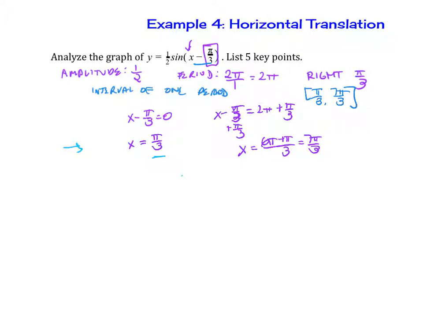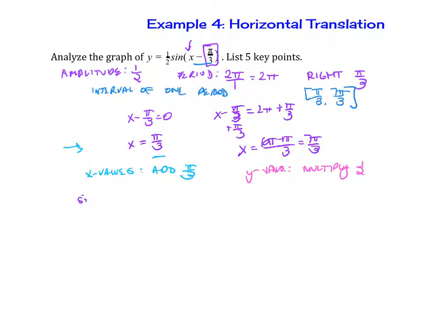So for our x values, we're going to add pi over 3 to each of the parent function numbers. Then for the y values, the amplitude is changing, so we're going to multiply 1/2 to all the values.